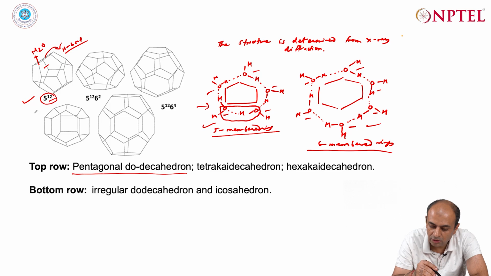So this structure is referred to as a pentagonal dodecahedron. We can also have another kind of structure which consists of fusion of 12 5 membered rings and 2 6 membered rings. You can see the 6 membered ring, this is one 6 membered ring and this is another 6 membered ring, and the remaining 12 5 membered rings are also present.